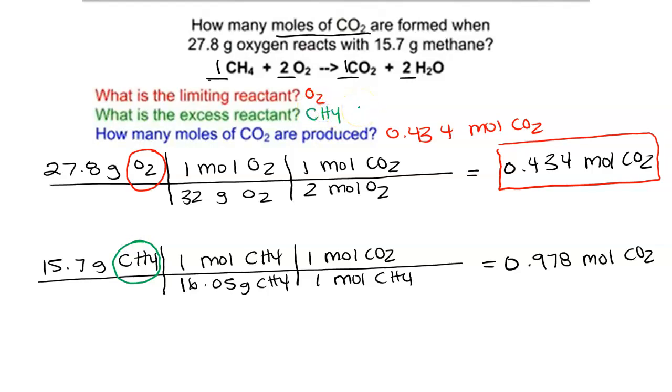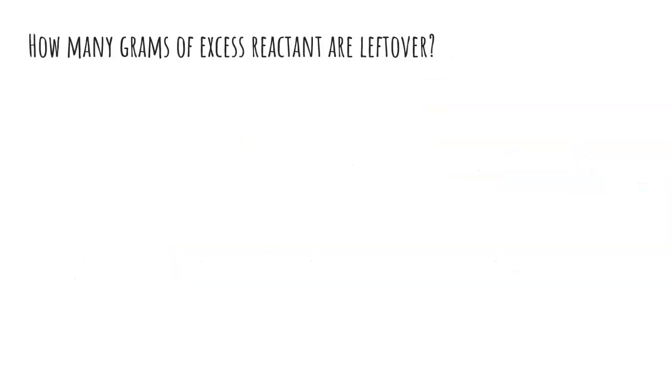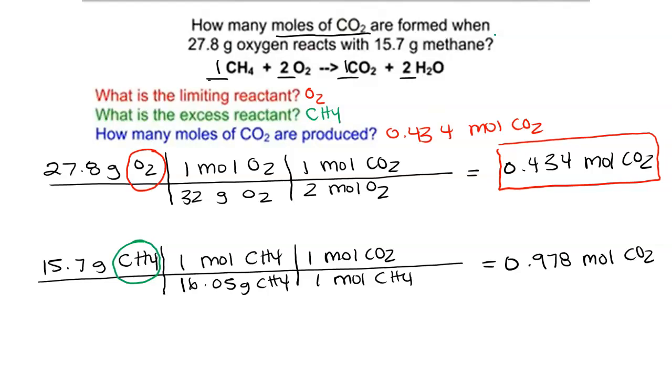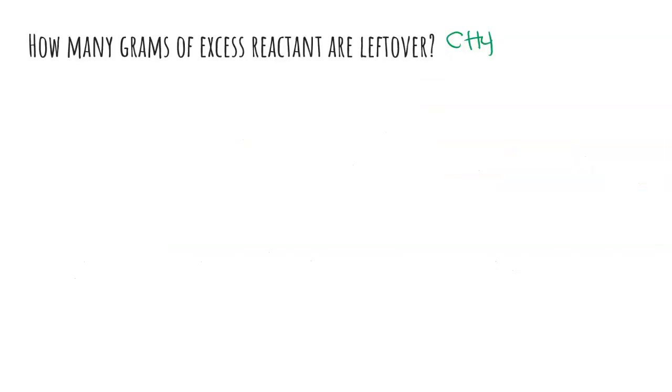Then I want to figure out how much was used and how much was left over. So I'm going to use these values on the next slide. To figure out how much of that CH4 is left over, if it was just from the CH4, it would have produced 0.978 moles of the CO2.